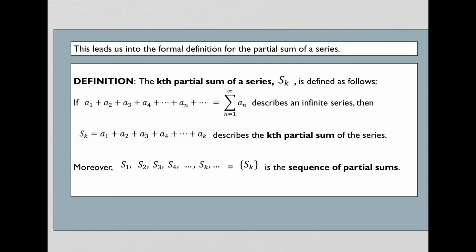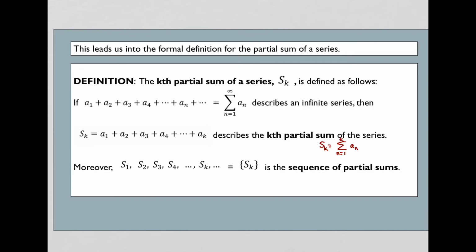If we have an infinite sum described by the series a sub n, where n goes from 1 to infinity, then S sub k denotes the kth partial sum of the series. And in fact, if I wanted to use sigma notation, I could represent S sub k as the sum from n equals 1 to k of a sub n. That would give me the first k terms added up together to give me the kth partial sum.